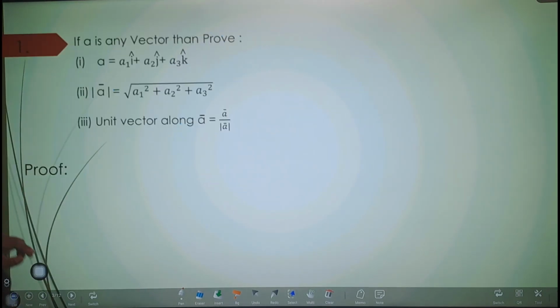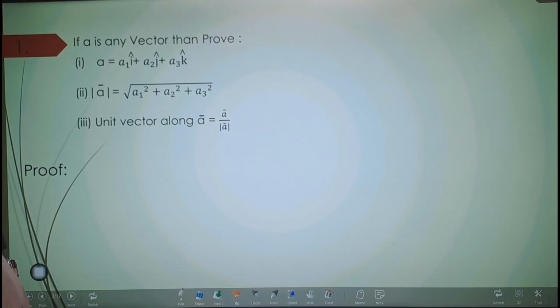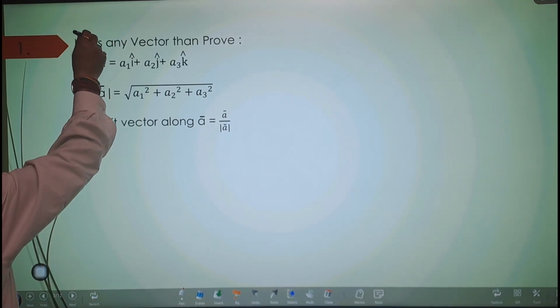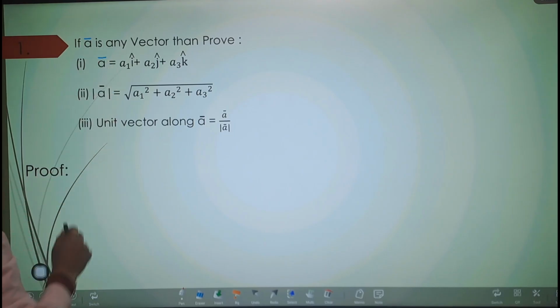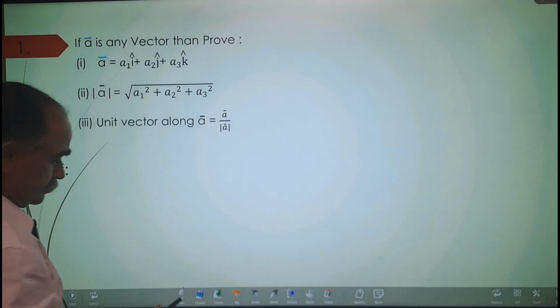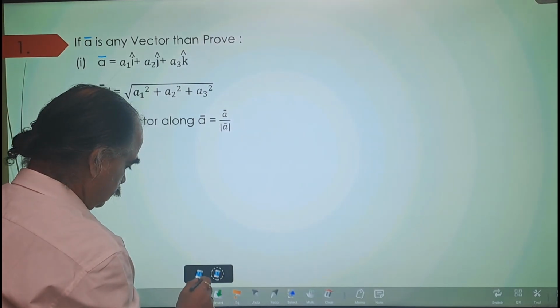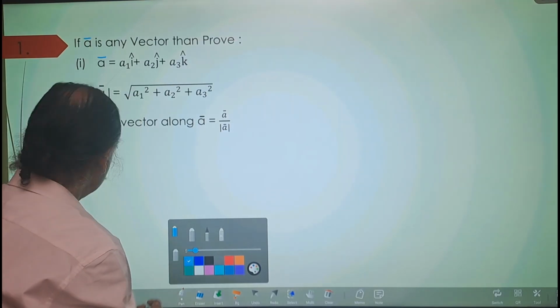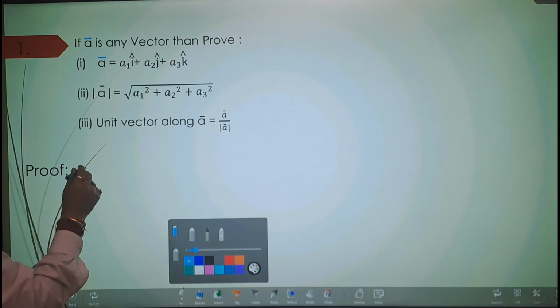Next point is, if A bar is any vector, then prove that it is A bar. Then prove that A bar is what? See the proof.